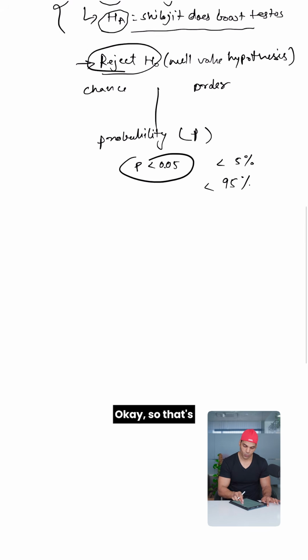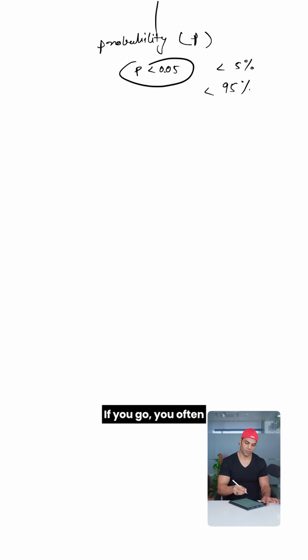That's what you see in the studies. You'd often see the p-value, and you'd see a p-value less than 0.05. This means there's a less than 5% chance that this is happening due to randomness, and 95% of the time it is not due to randomness, but there's an effect.